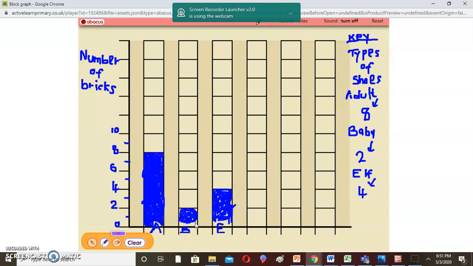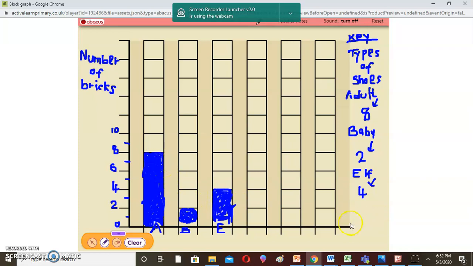And now there's this question that you can be asked: how many more kilograms does the elf weigh than the adult? So you are going to check the weight of the adult.